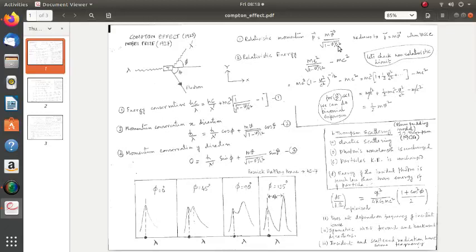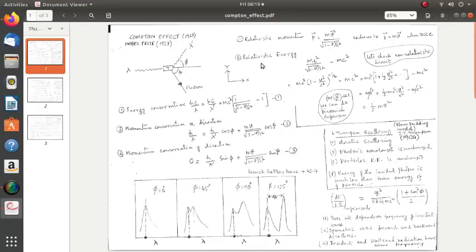But you can easily see that this relation reduces to p equals mv. Suppose v is much less than c. Then with respect to 1, you can neglect this second factor, since the square root of 1 is just 1, and p equals mv. So we recover the Newtonian momentum.